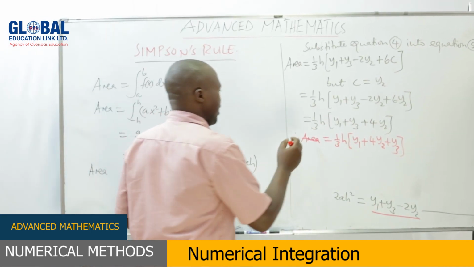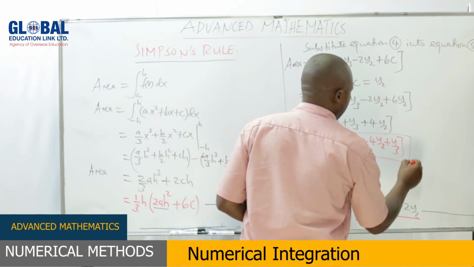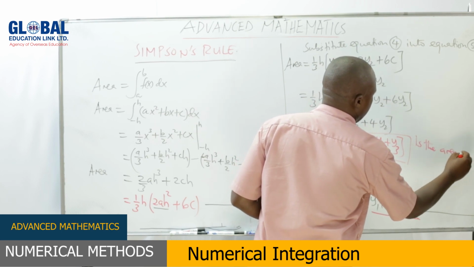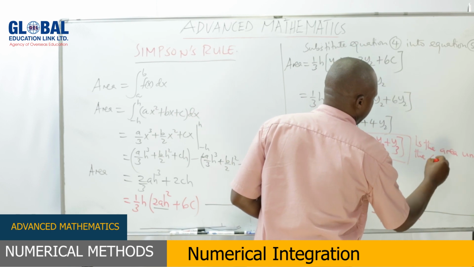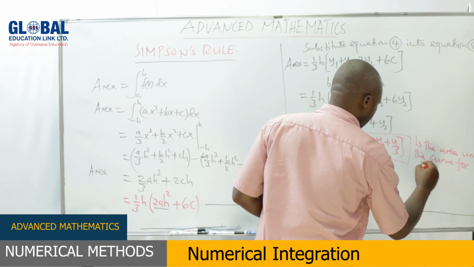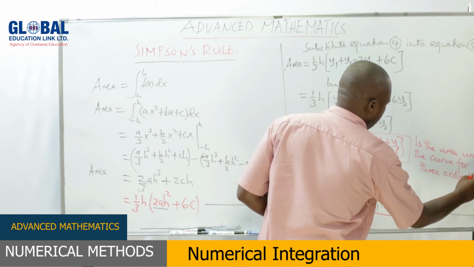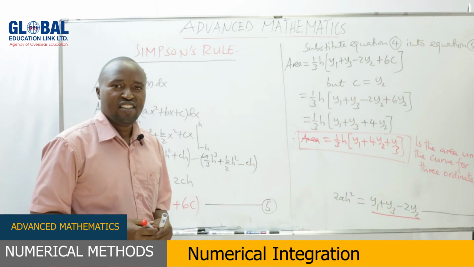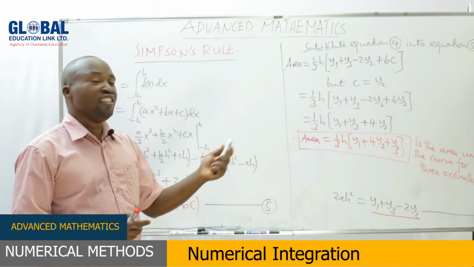So this we say is the area under the curve for 3 ordinates. Now, what about if you have more than 3 ordinates?